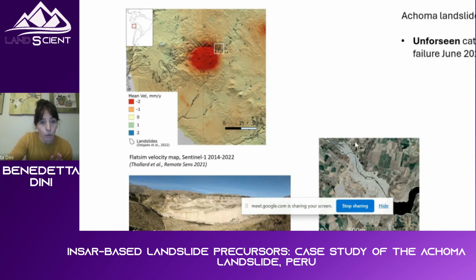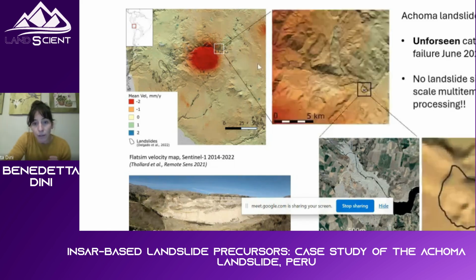But when we zoom in on this white square, hopefully you can see some faint black polygons that are the landslides in this area. And this is our landslide, the Achoma landslide. In the InSAR signal, again, we don't see anything. Yet we are well within the window here. So this data is from 2022 and the landslide fell in 2020, but we cannot capture it.